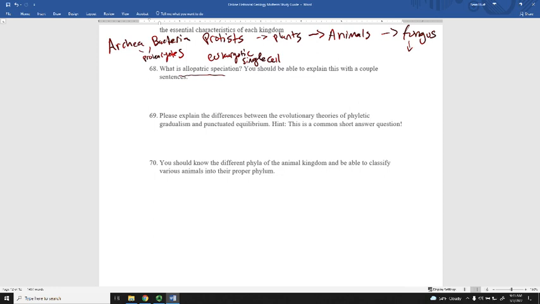Allopatric speciation occurs when you have a single population of a species and then something happens that changes their habitat and the population is split, and there's no more contact between the two populations of that species. Well, over time, those two populations start to diverge, especially if their habitats have become very different.